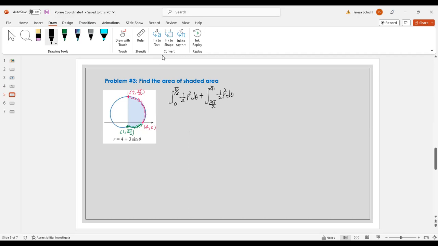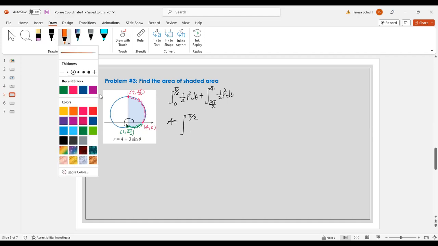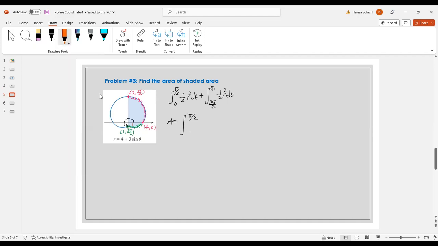Or we can do it a different way. The 3 pi over 2 is you swing from here all the way to here. Or we can combine it into one. I'm still integrating all the way to pi over 2, but this is 3 pi over 2. You can also treat it as you swing clockwise.